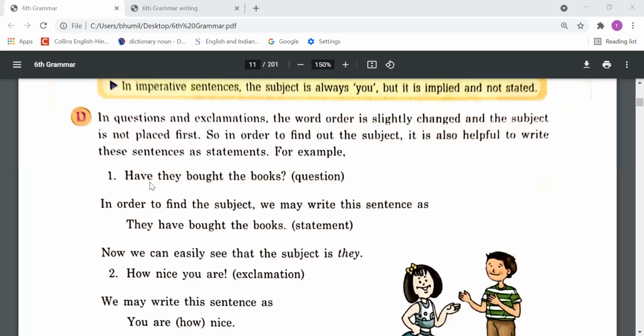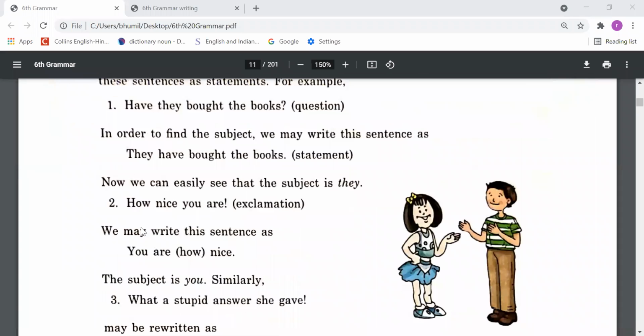We need to understand about whom or what we talk in a sentence, that is the subject. Have they bought the books? We are talking about they, so they is the subject. If you want to say that the first word is the subject, we need to write that interrogative sentence into assertive formation, right? Now we can easily see that the subject is they.